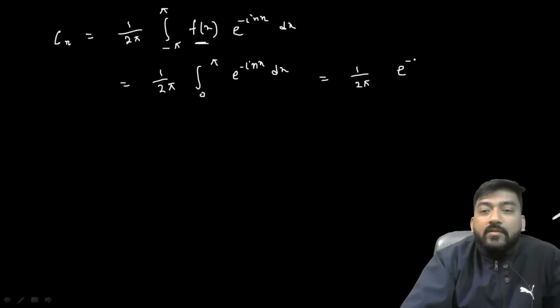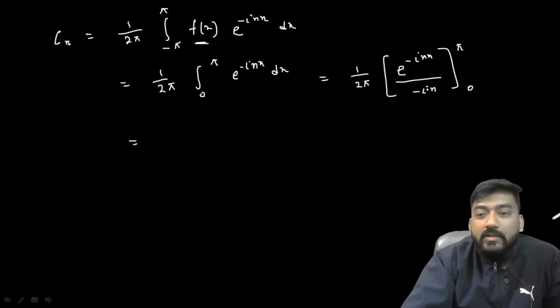So the integral value will be just 1 upon 2 pi, e to the power minus inx upon minus in, from 0 to pi. So if you want, you take this outside the bracket, minus 1 by 2 pi in. If you put pi here, it will be e to the power minus in pi, and at 0 it is 1.